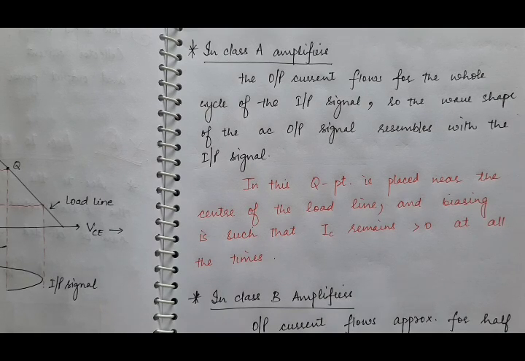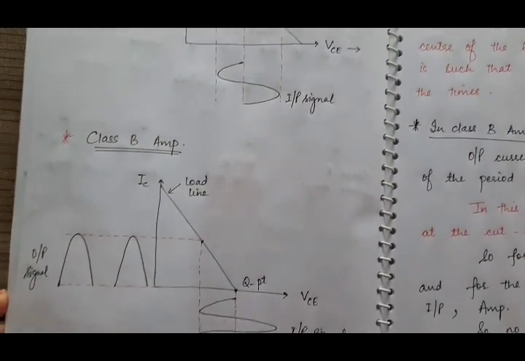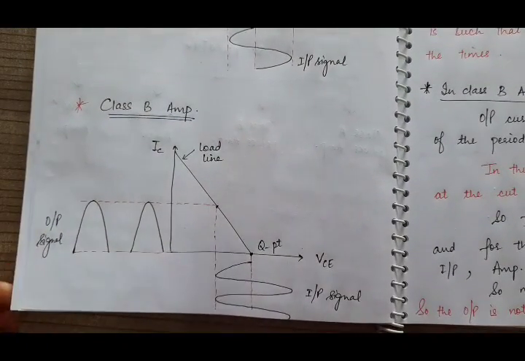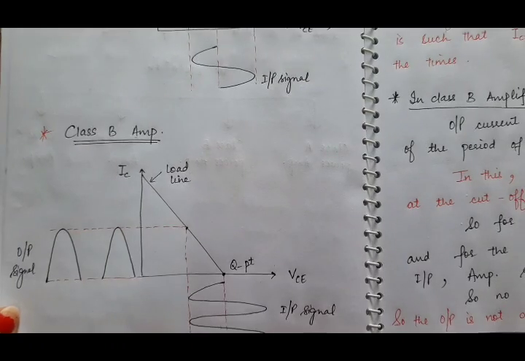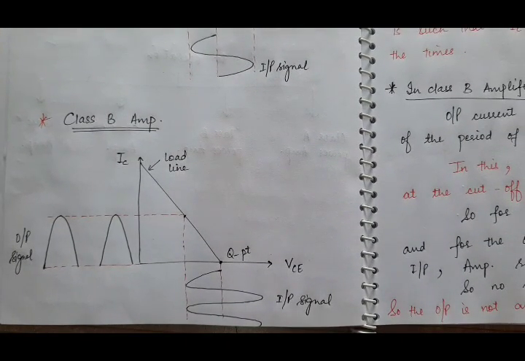Now next comes class B amplifiers. Now see, in case of class B amplifiers, what is the position of the Q point on the load line? In case of class A amplifier, the transistor works in the active region because the Q point lies near the middle of the load line.